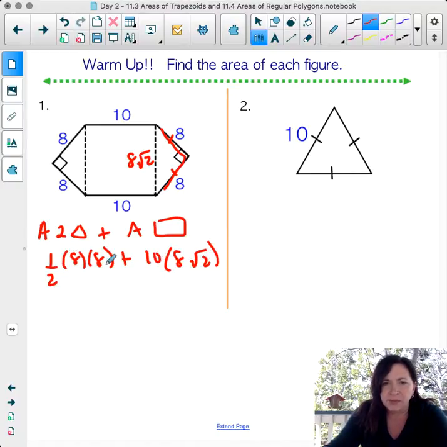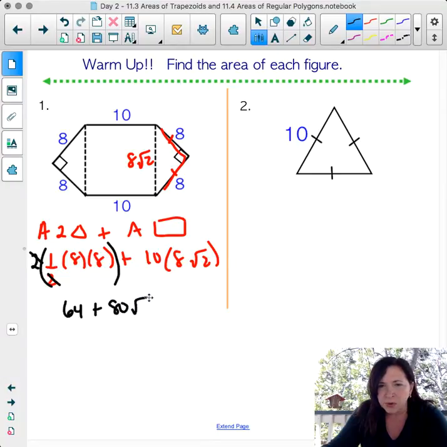Now, this value here, remember, we need to multiply this by 2 because we have two triangles. So it's 2 times this whole thing. So this 2 is going to cancel with this 2. And so what I have is 64 plus 80 root 2. And because this is area, you would put the whole thing in parentheses and you would put units squared like that.